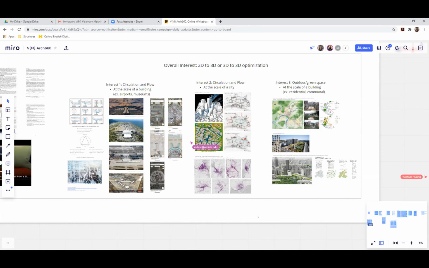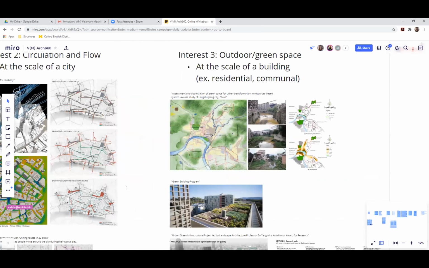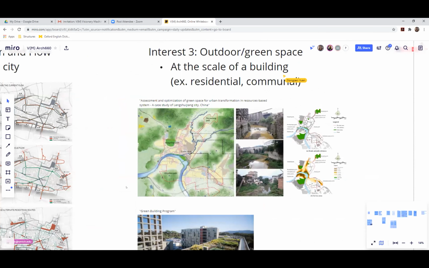I mean, the last point here, the outdoor green space, could be really interesting if you go into master planning or large scale interventions, because now we need building regulations in order to find the right distances between masses and axes in order to connect certain areas of the city. But you could also make this very differently, I guess.